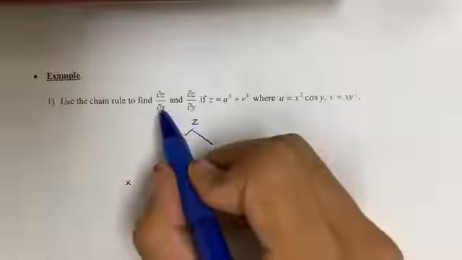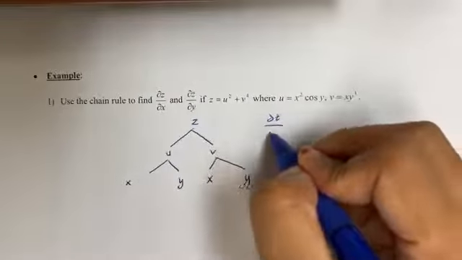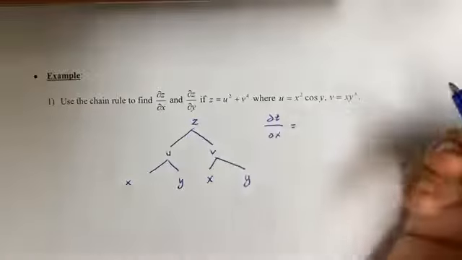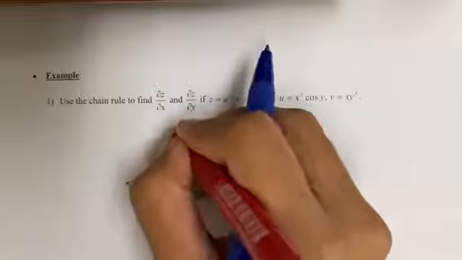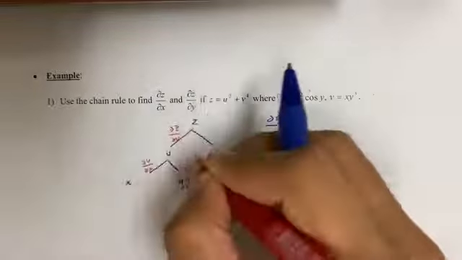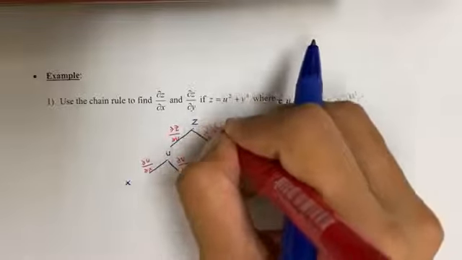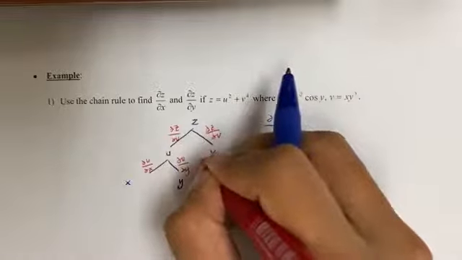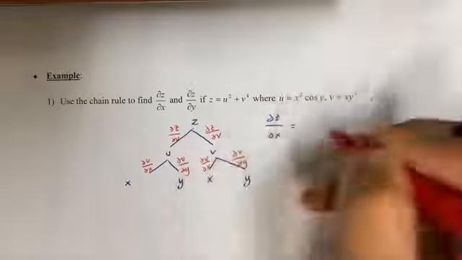Okay, so they ask you to find del z over del x. From here you can find del z over del u, del u over del x, del u over del y, del z over del v, del v over del x, and del v over del y.